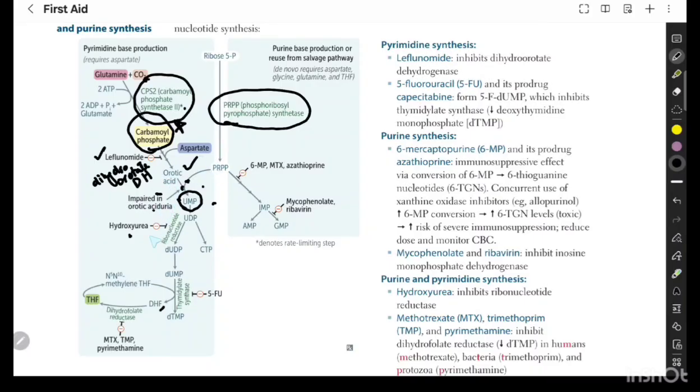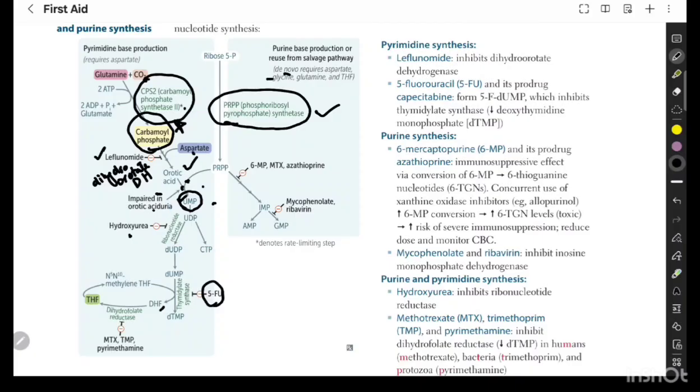Then the next thing is that if you give 5-fluorouracil, this pathway is blocked. This is important. So what you need to remember is these particular drugs and the rate limiting enzymes. Alright? So you need to remember that you need CPS2, you need PRPP synthetase here.